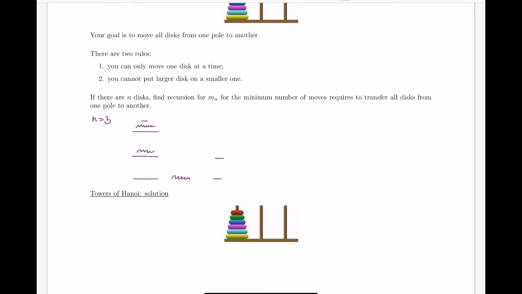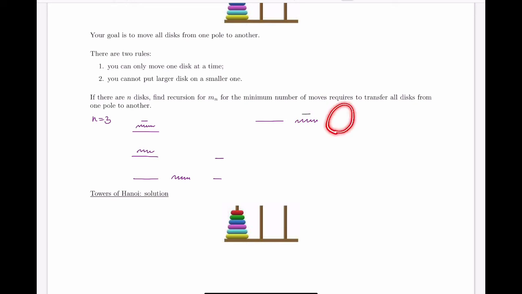Okay, haven't moved the little guy. There we go. Now, okay, I'm going to move into here. So again, I'm imagining 3 poles going on. So now I'm going to move the little guy onto the second one. So the largest disk stays by itself, and then my second largest gets the smaller one on top.